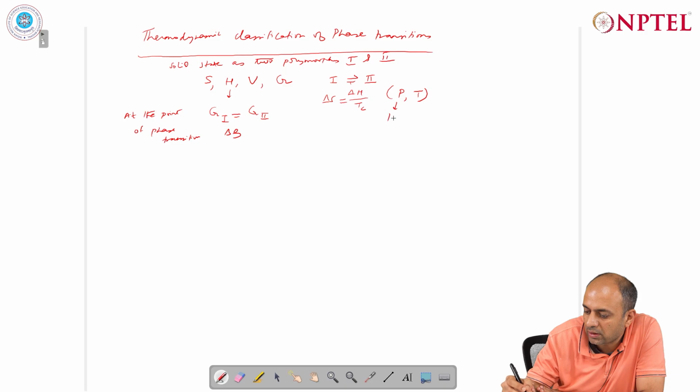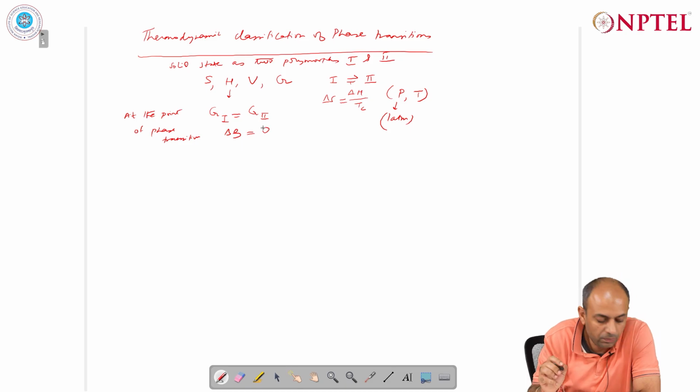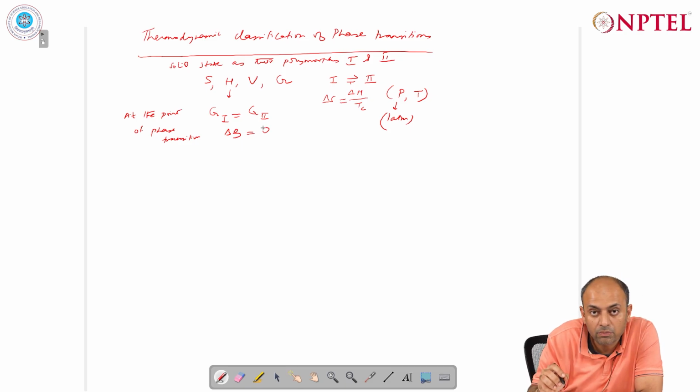In this case, the pressure is kept at 1 atmosphere, so this is the free energy isobar. Delta G is equal to 0 at the point of phase transition of one form to the other.